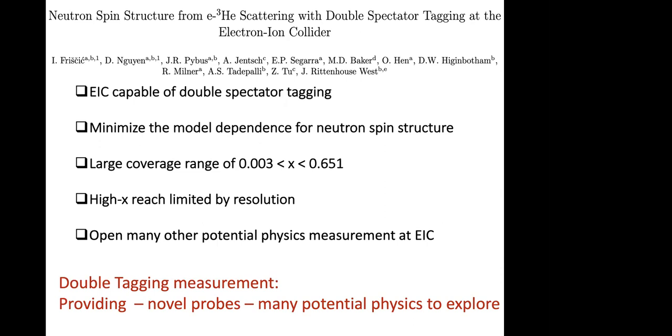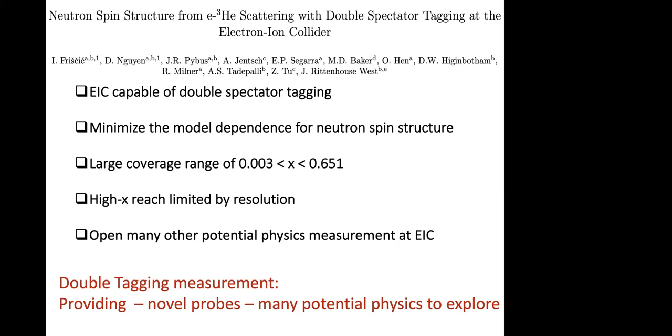In the summary, I would like to summarize a few points. The EIC is capable of double tagging measurement, and the double tagging measurement is to minimize the model dependence for neutron spin study, and it gives us wide coverage in the X and high Q squared region.